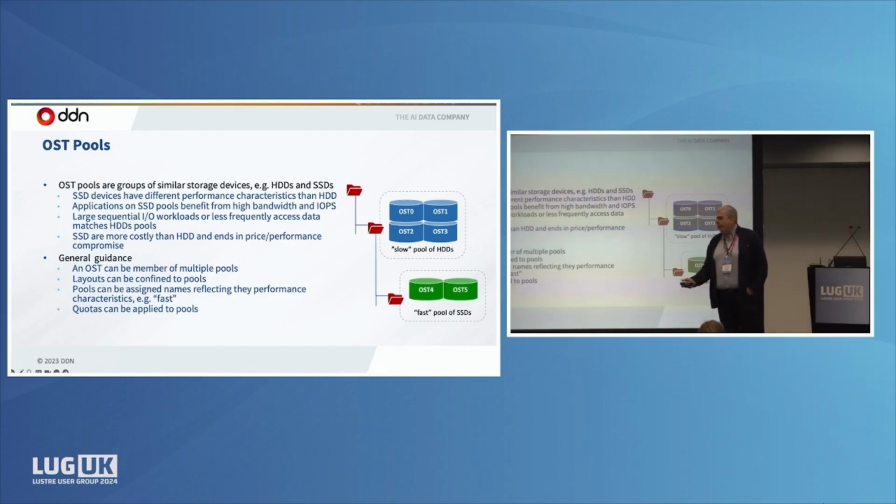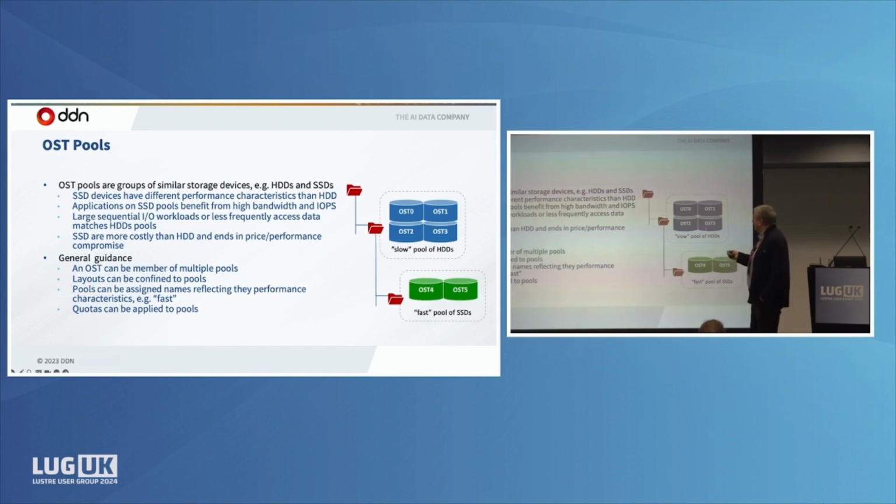Now, if you have in a file system both SSDs and hard drives, how can you place your data on the relevant media to take benefit for your application? We do that using OST pools.